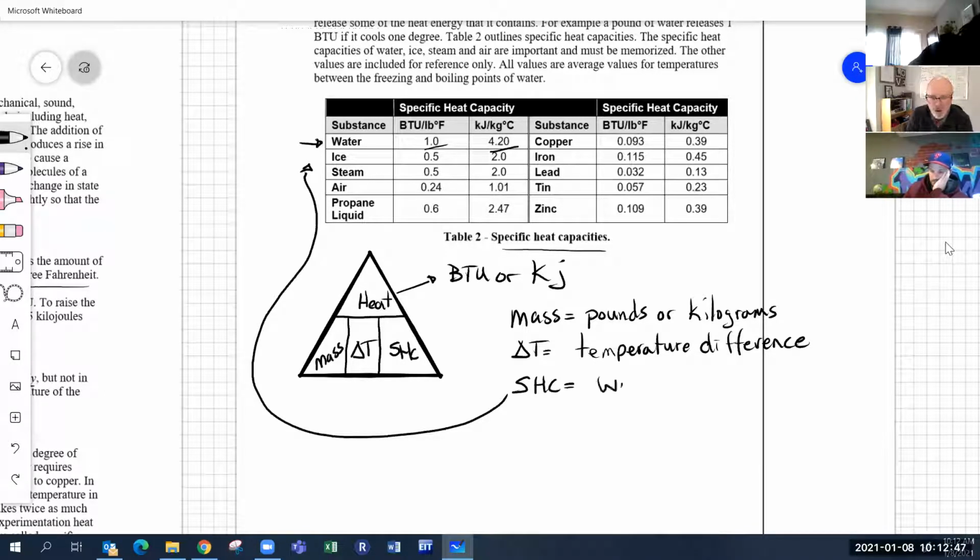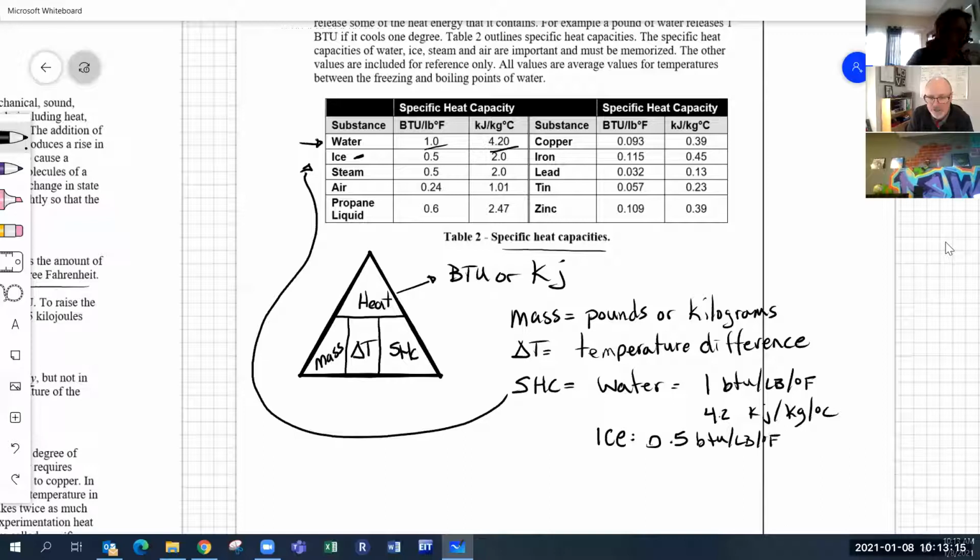If I'm talking about water, it's 1 BTU per pound per degree Fahrenheit, or metric 4.2 kilojoules per kilogram per degree Celsius. If I'm talking about a substance like ice, right up here, it's 0.5 BTUs per pound per degree Fahrenheit. If I'm talking about steam, it is 0.5 BTUs per pound per degree Fahrenheit.